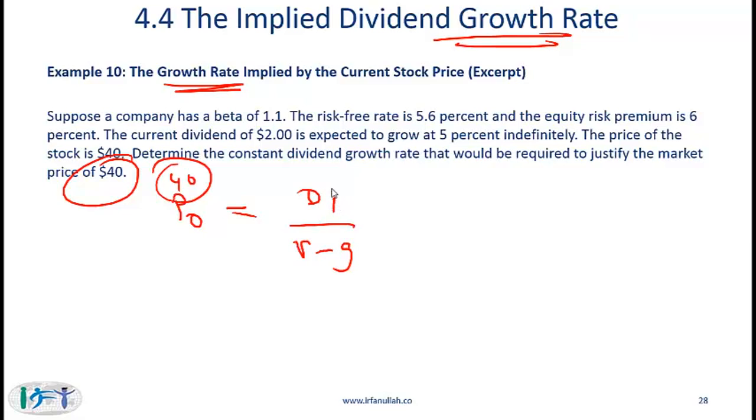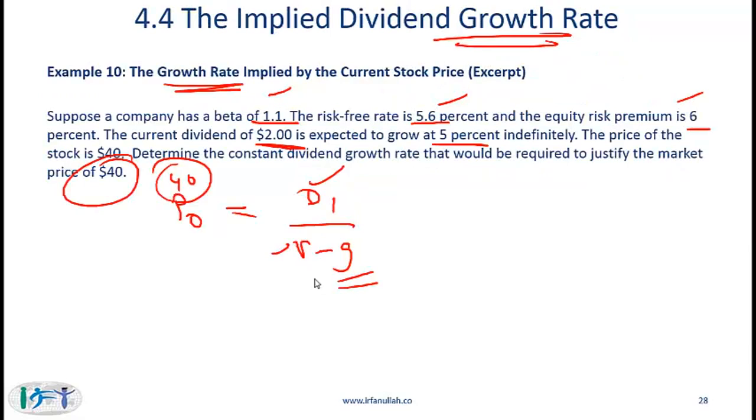D1 is 2 multiplied by 1.05. The discount rate can be computed using CAPM. So we are given all these numbers. You are given the beta, the risk-free rate, and the equity risk premium. So you can compute D1, you can compute R, then you can also compute G, which is implied by the current market price.